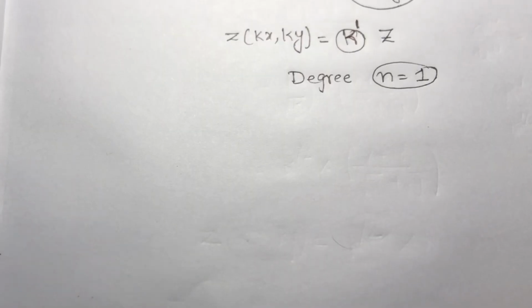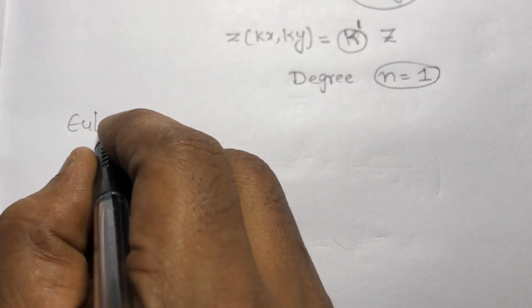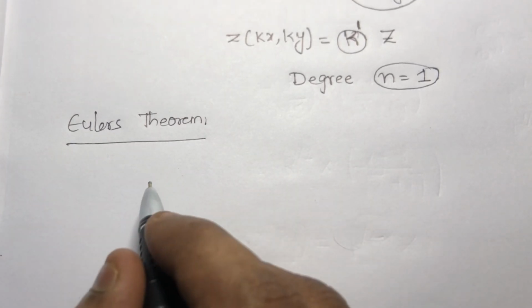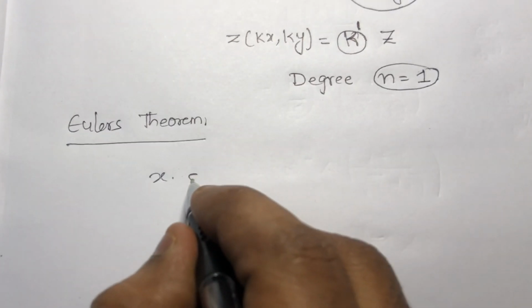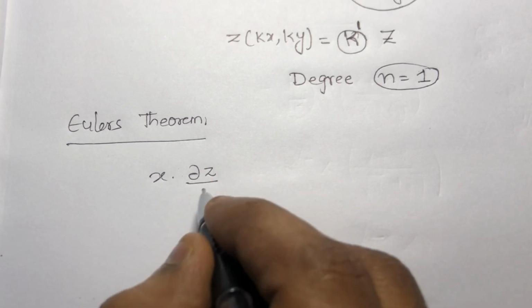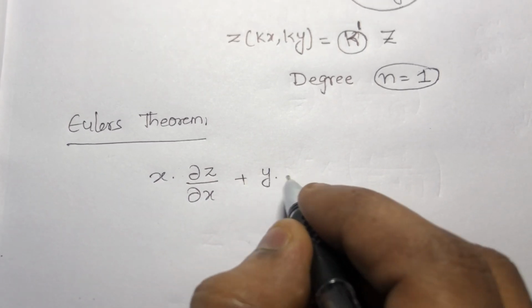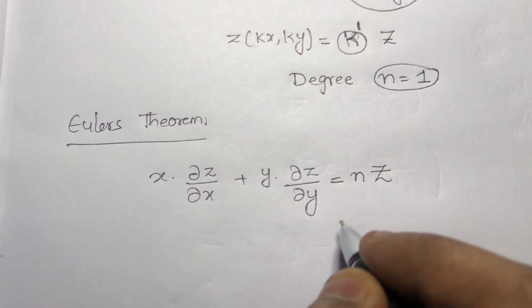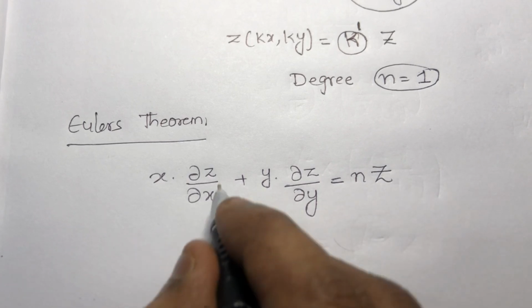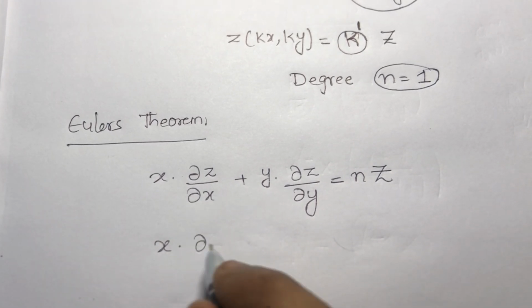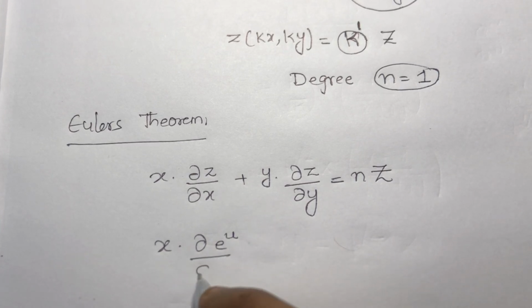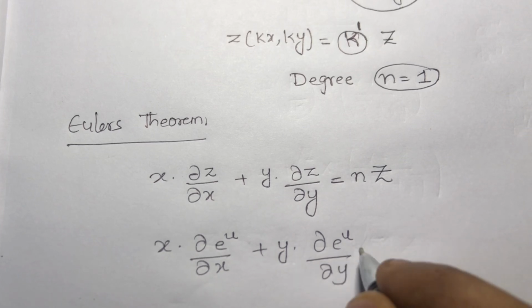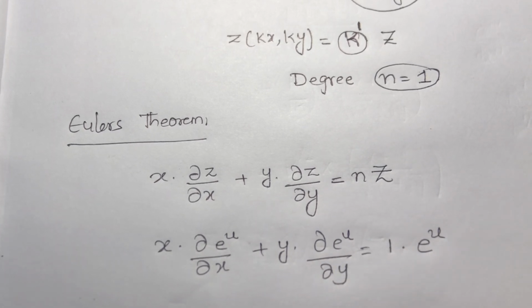Okay. Now according to Euler's theorem, what does Euler's theorem say? Euler's theorem says that x into dou z by dou x plus y into dou z by dou y is equal to nz. If you observe here, z is e power u, n is 1, and z is e power u.